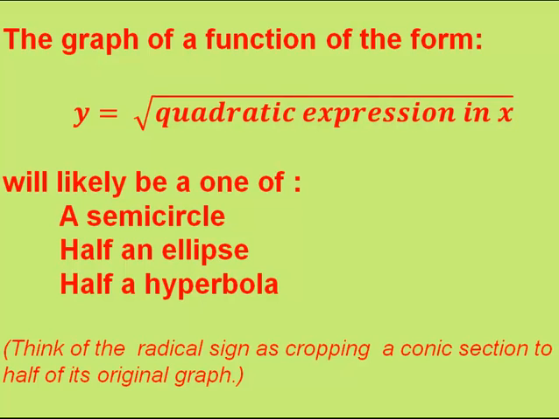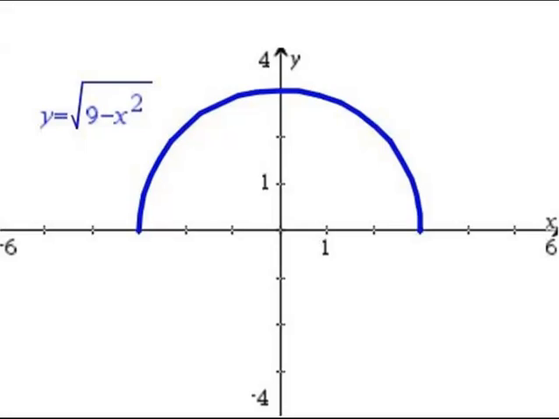By squaring both sides of y equals the square root of a quadratic expression in x, you get y squared equals a quadratic expression in x, which is reminiscent of all your conic sections. So you can think of this radical as basically cropping a conic section to half its original graph. Let's take a look at a few quick examples and confirm this first statement is sensible.